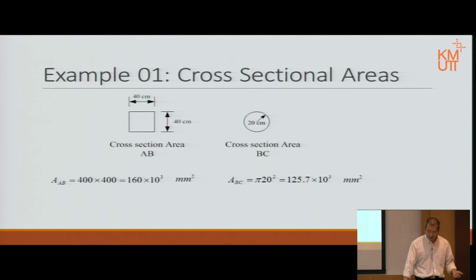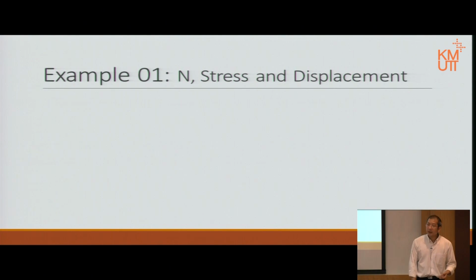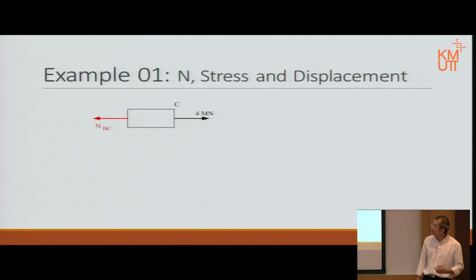Move on. The axial force. How do we calculate forces? I repeat myself, we use a free body diagram before we set up any equation at all. So that is before point C, between point B and point C. Therefore it is called the axial force between B and C, NBC.